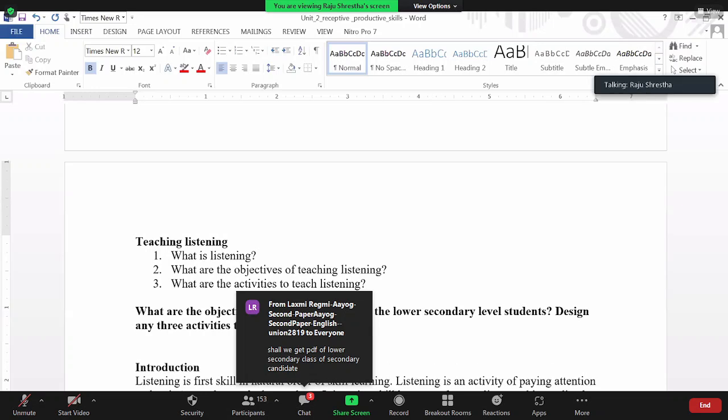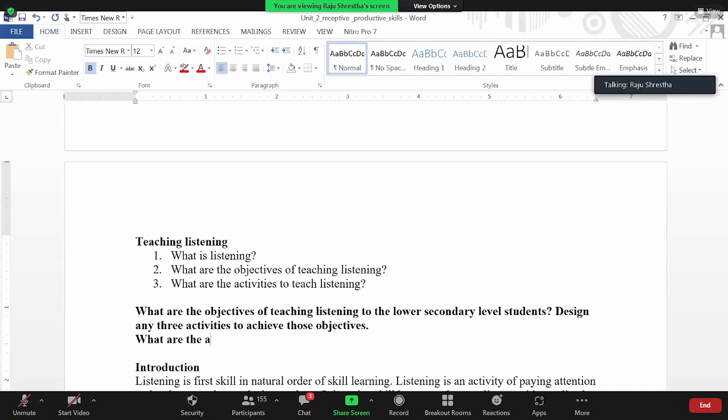यसरी सोध्न सक्छ हैन, what are the activities that can be used or applied or utilized or employed, जे पनि भन्न सक्छ. What are the activities that can be employed, adopted in while listening?